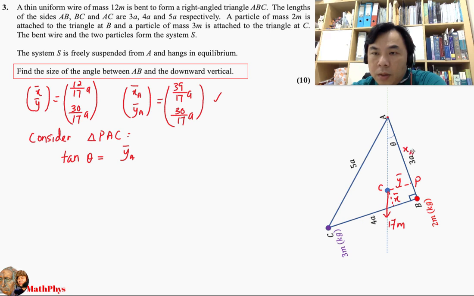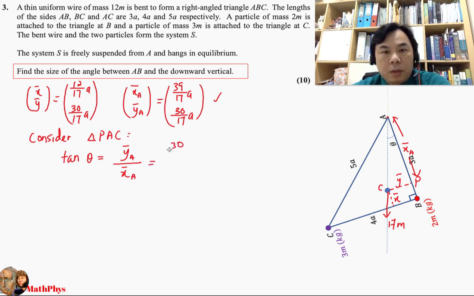This part here is x bar A, just to be clear what we are looking at. So there will be y bar A over x bar A here, which is 30 over 17A over 39 over 17A, which yields 30 over 39.